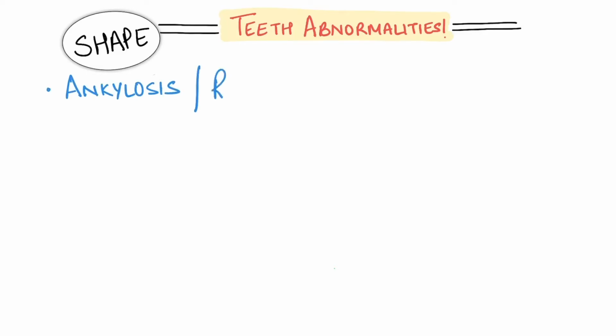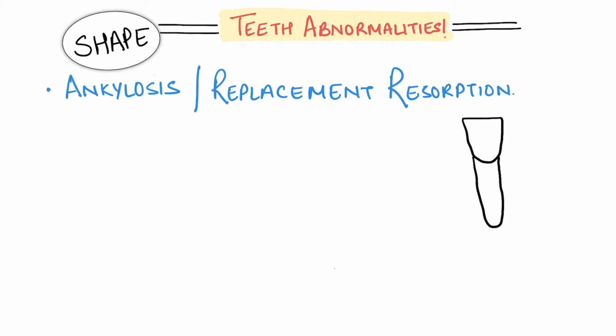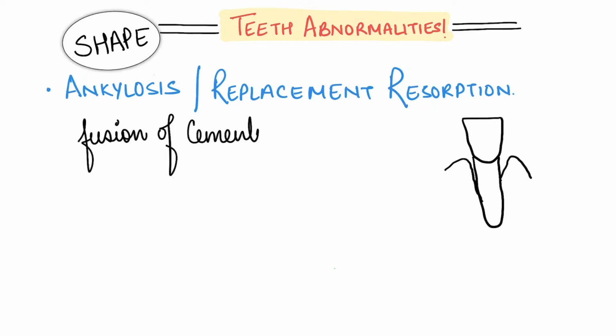Another alteration is ankylosis. It is not a developmental problem. It is mainly replacement resorption. This happens when fusion of cementum directly occurs to the surrounding bone, and it is seen in association with hypodontia.